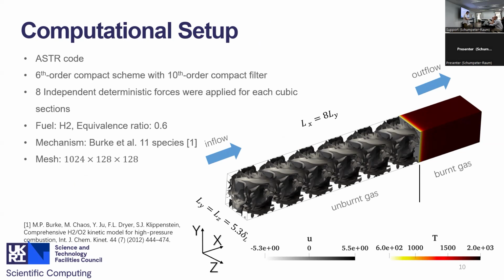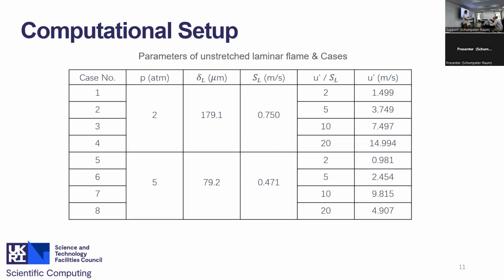This is the mesh size. And we use a 6th-order compact central scheme with a 10th-order compact filter, so a very high-order numerical method. We're supposed to observe the interaction between turbulence and flame here. So we did a series of studies. One group is under a lower pressure, 2 ATM, and the other is 5 ATM.